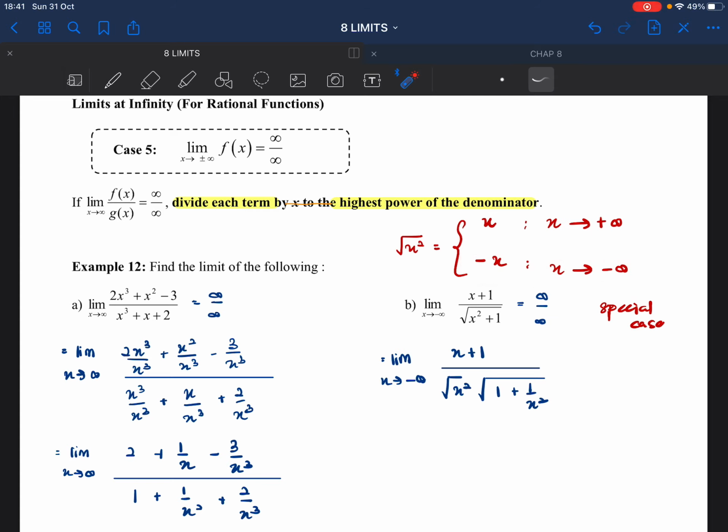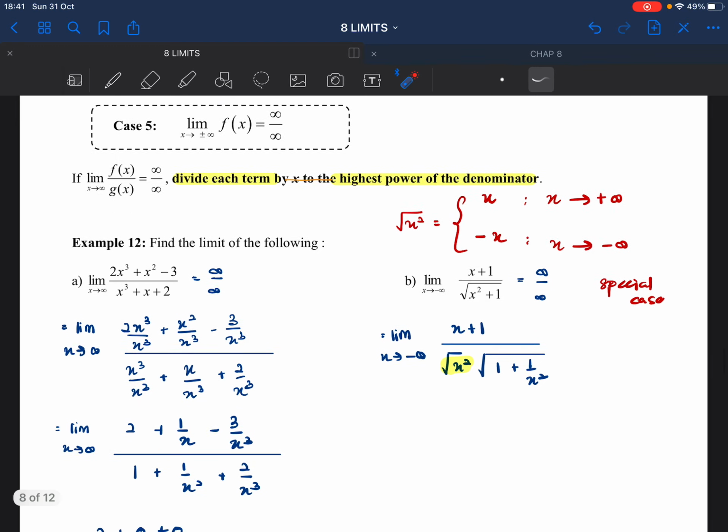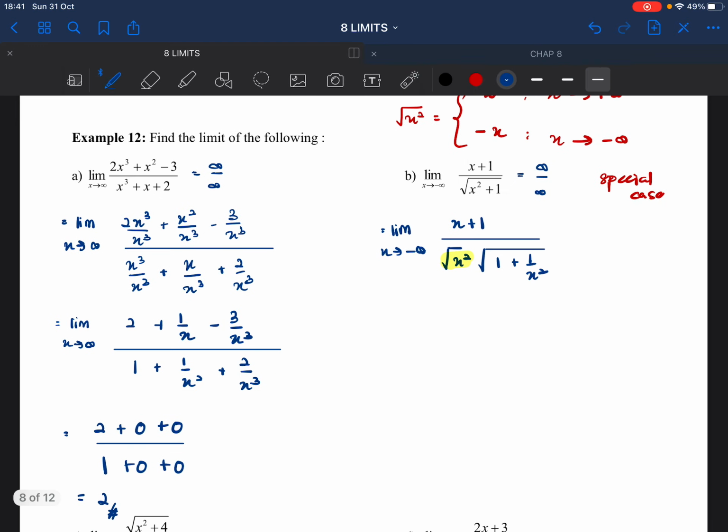So we change the square root of x squared into negative x. So we have the limit as x approaches negative infinity of x plus 1 over negative x times the square root of 1 plus 1 over x squared. The part inside, don't touch it.